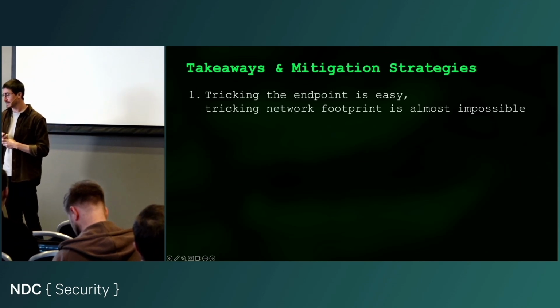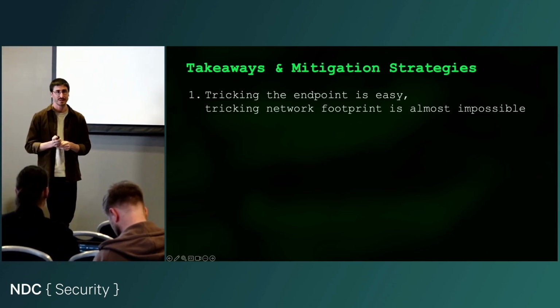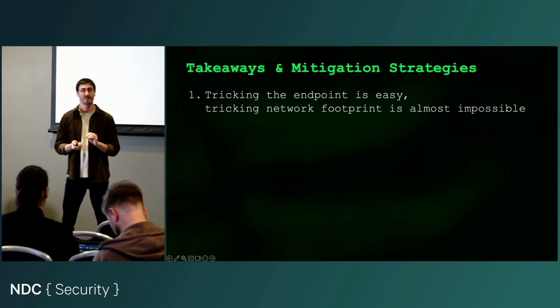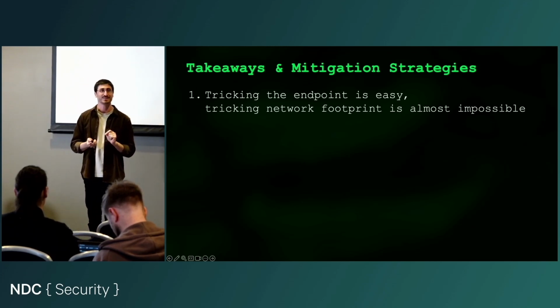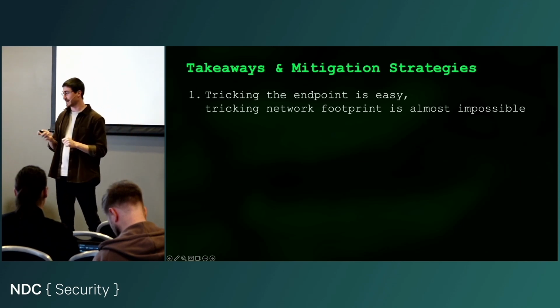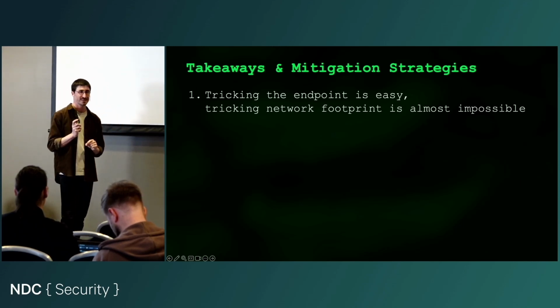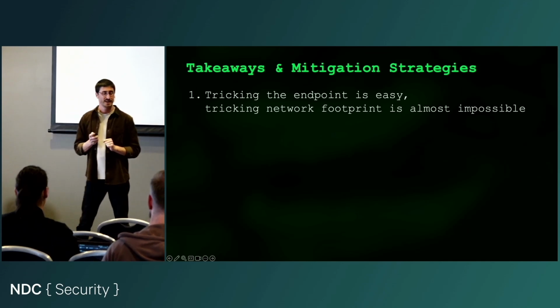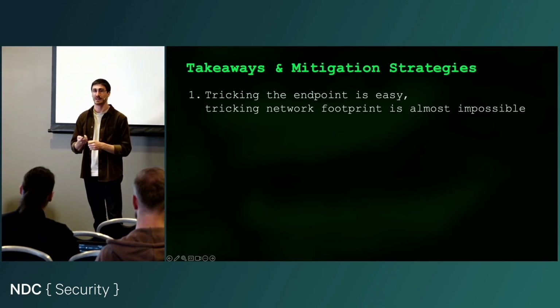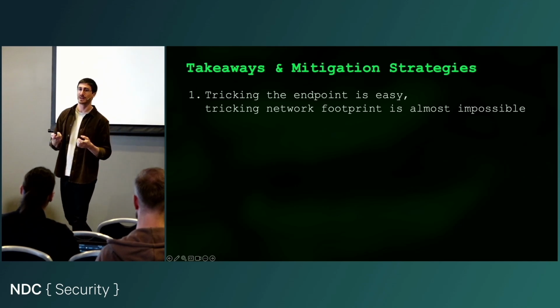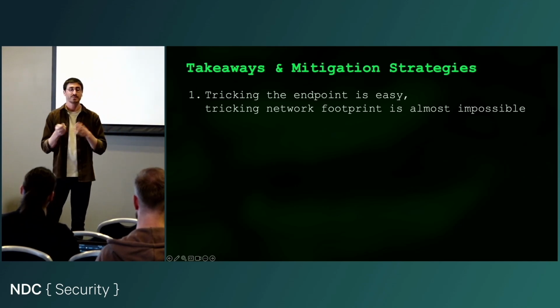Let's take some takeaways. The first one is not something that was explicitly discussed while I was demoing, but you will get it anyway. Tricking the endpoint is easy, and tricking the network is not that easy. Let me explain. Let's assume that there was some endpoint protection here on, let's say, Johnny's computer, an anti-malware. And that anti-malware could have flagged or blocked the running of Mimikatz, for example.